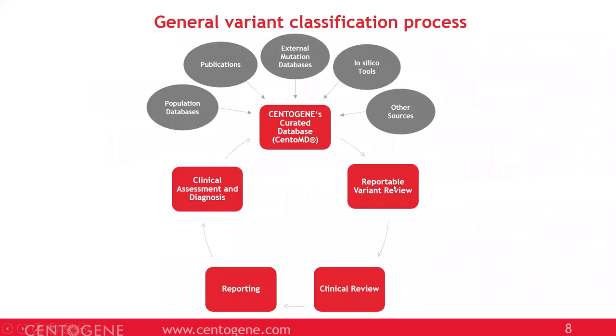The variants which we select to be reported are first analyzed against the clinical information and against family observations, and during the reporting, the clinical assessment and genetic diagnosis are summarized, and these will then feed back the CENTOGENE database, which we call CentoMD, or CENTOGENE mutation database.